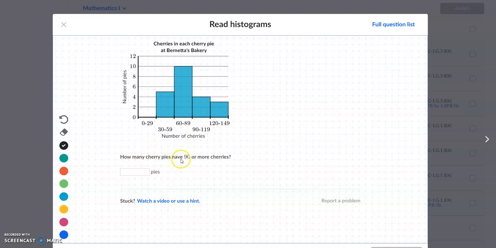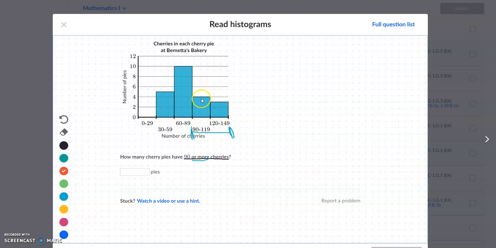How many cherry pies have 90 or more cherries? So we want to start here with the 90, but anything bigger than 90 counts as more, right? Yeah, 90 or more, so 90 and also up.